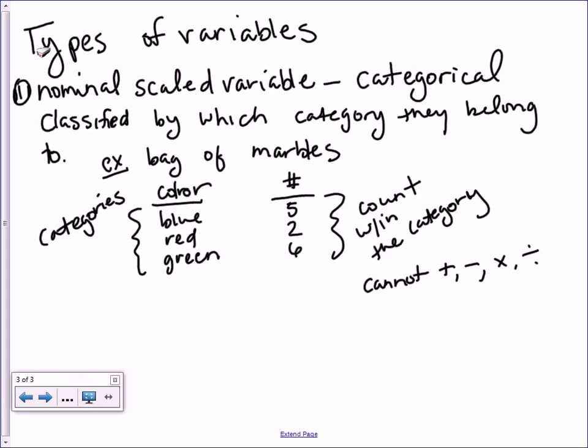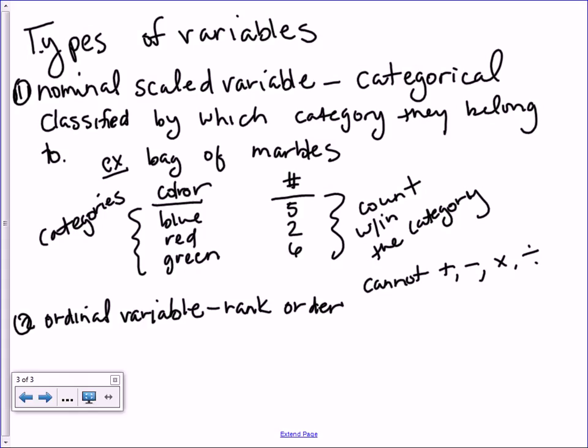The second type of variable is what we call an ordinal variable. And ordinal variables talk about rank order, or the order of how things finish.